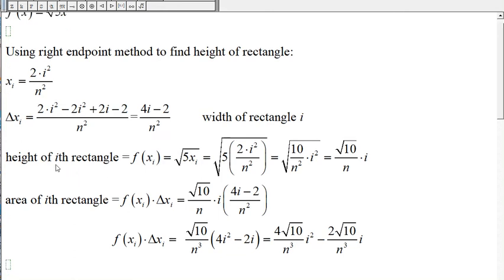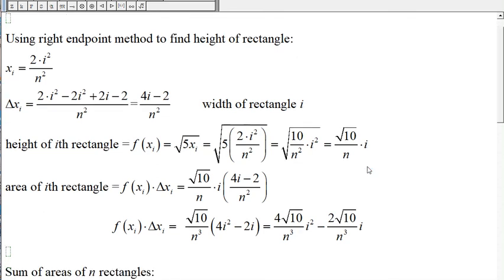And therefore the height of the rectangle, using the right endpoint method, will be the square root of 5 times x sub i, but x sub i is 2i squared dividing by n squared. And so we get 10 over n squared times i squared. And it will be the square root of 10, the square root of n squared is just n, the square root of i squared is i. And so this is the height of the ith rectangle.